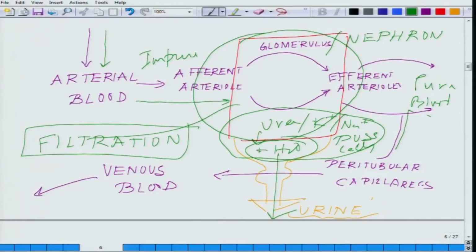This pure blood moves through the peritubular capillaries to the venous blood, and then goes to the heart, where oxygen is taken from the lungs, and then it circulates all over the body. So this is the overall geometry by which this whole thing works.